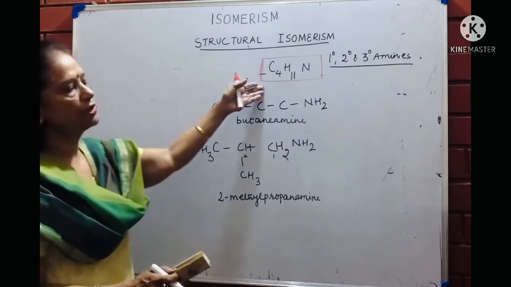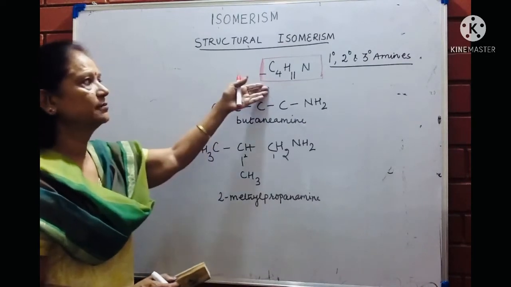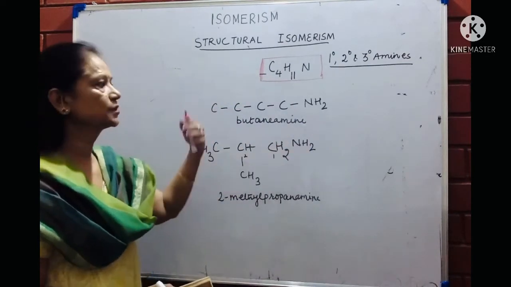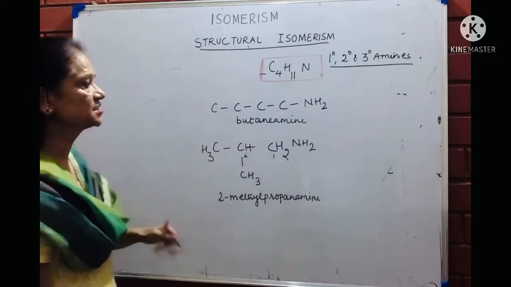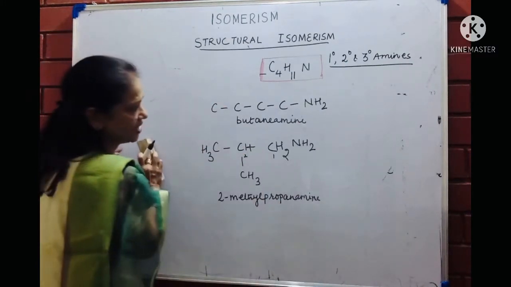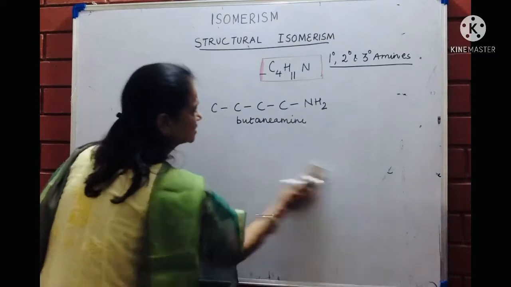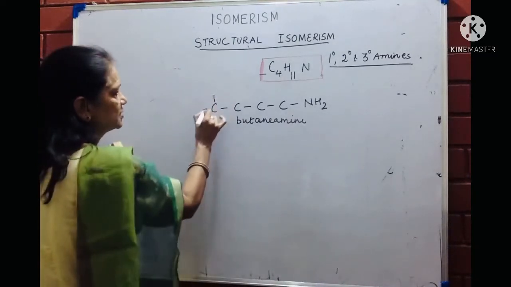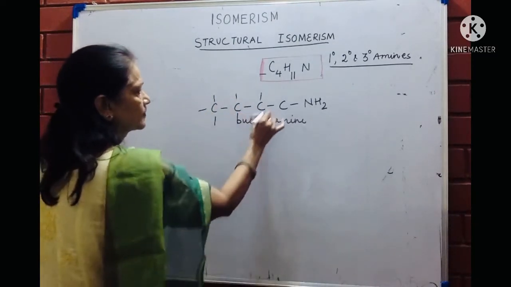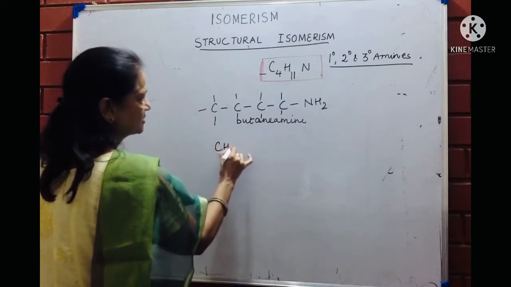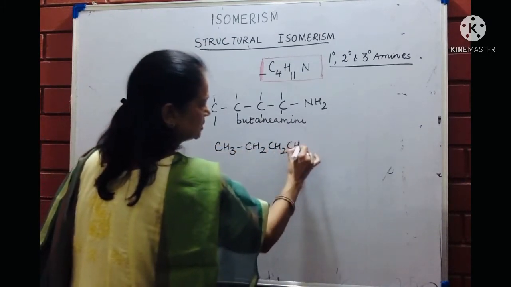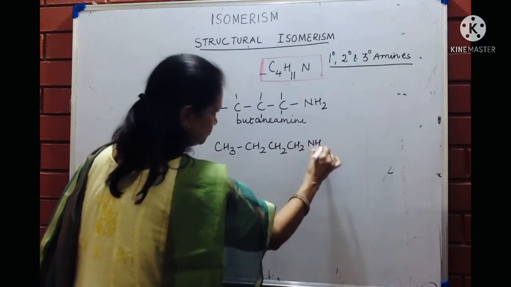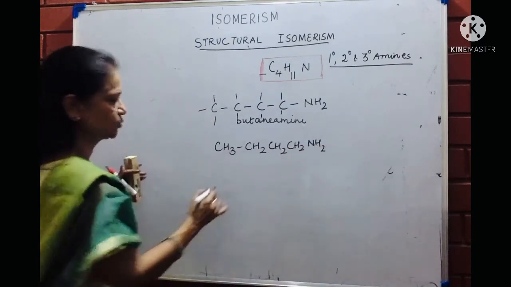So the same formula can be given to you, and you can be asked to make functional isomers, chain isomers, or position isomers. Let me make a position isomer. If I want to make a position isomer, the first compound will remain the same: CH3, CH2, CH2, CH2 and NH2. NH2 is at place 1.